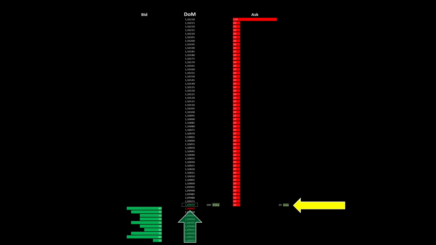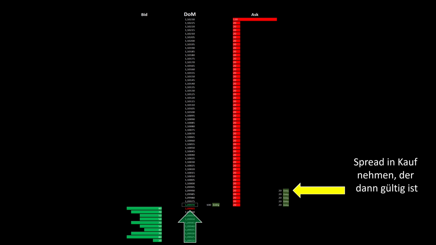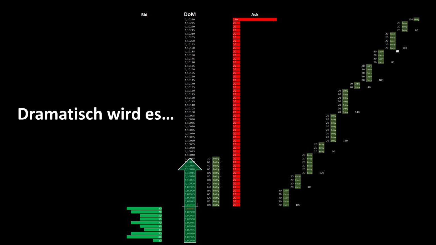If you are in the queue and are only executed later, you have to accept the spread that is then valid. It gets particularly dramatic if you enter here, are only executed at the very top, and the price then drops massively. A stop will not help you here, as there is no liquidity, and you could lose 3 times more than you were willing to invest.